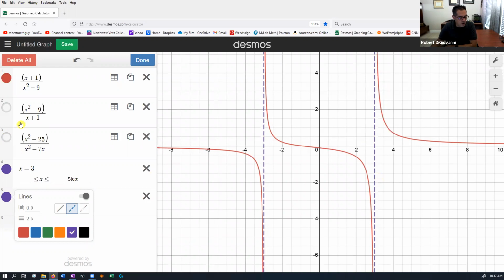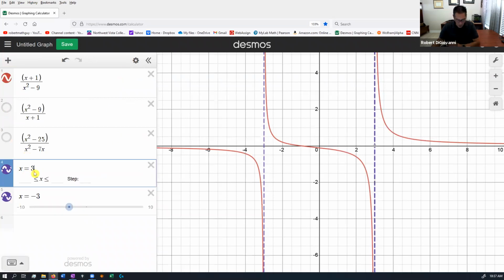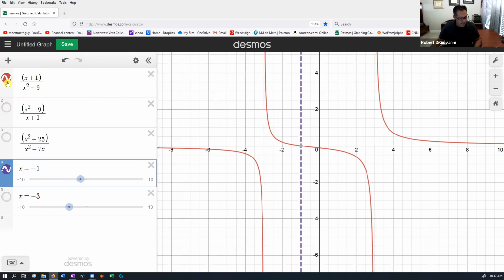What about on the next problem right here? On this one right here, where should we expect to see a vertical barrier? What would make the denominator 0? -1, right? Okay, so let me show you the picture. Let me draw the line first.